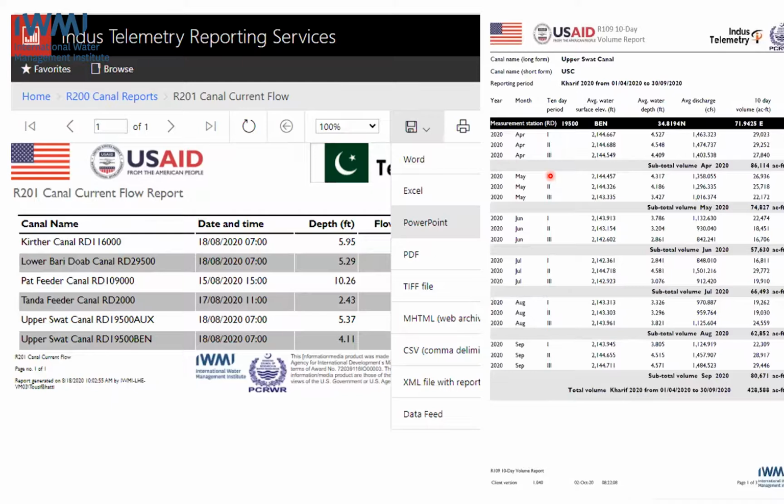There is a chance of error when entering this data, and also if the data is collected manually, there are chances of error. So these kinds of reports are generated completely on an automatic basis, from sensors sending data to the server, to processing, with no human involvement. That makes things more transparent for other stakeholders as well.